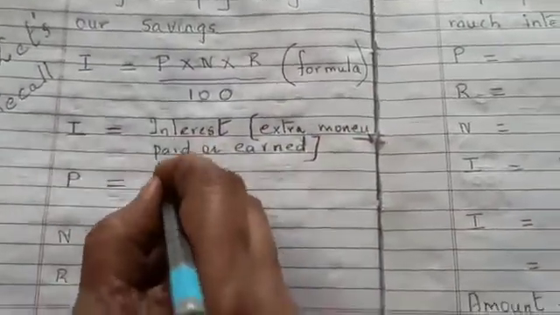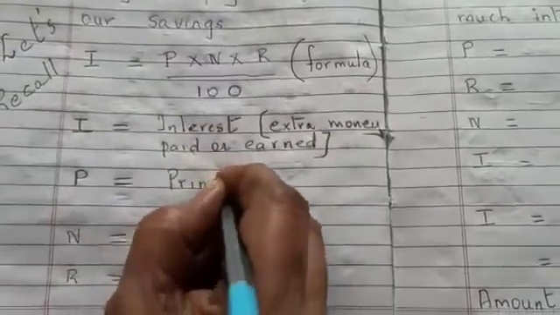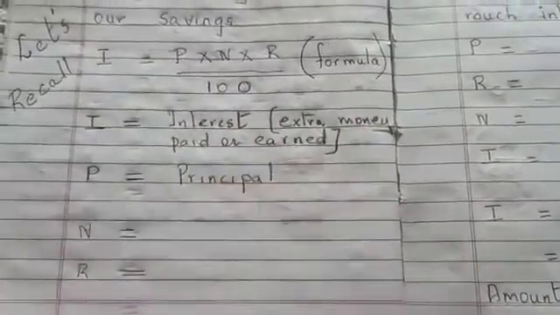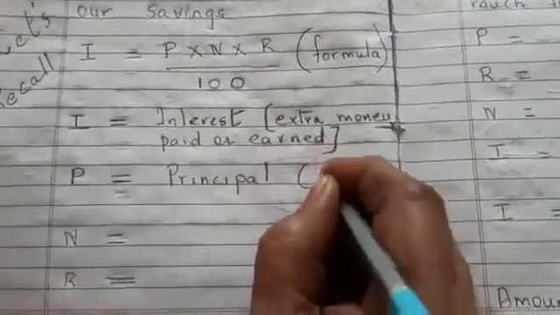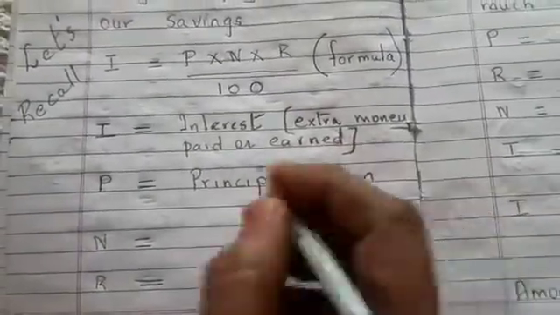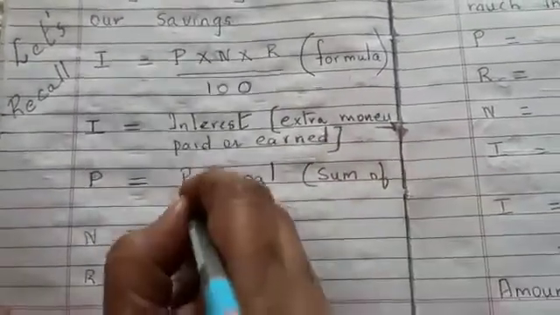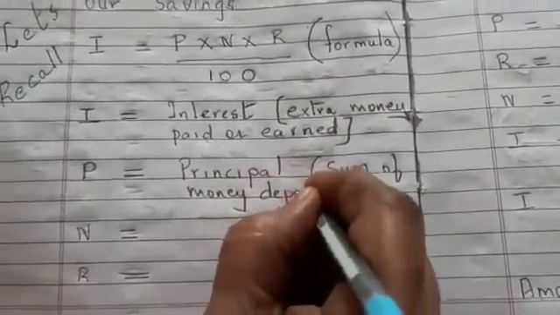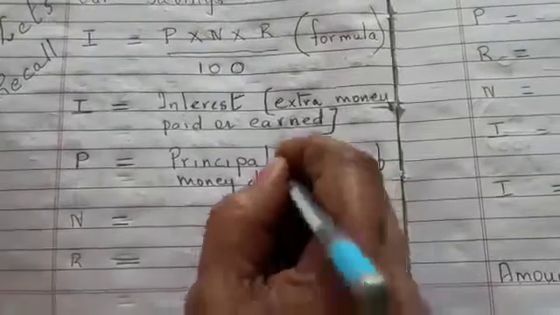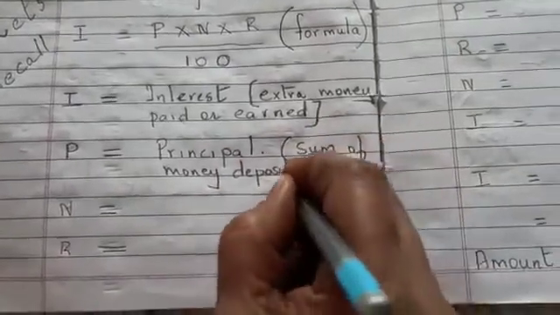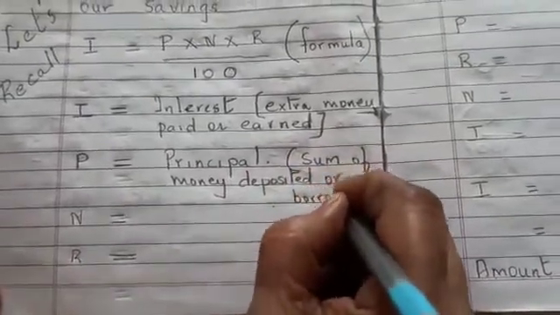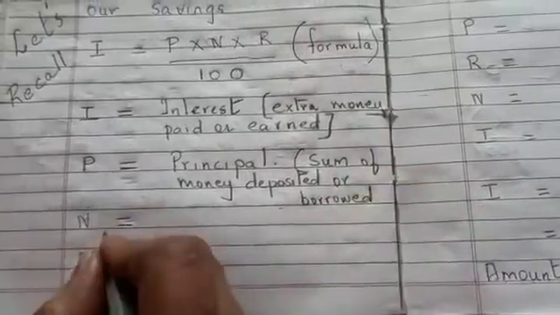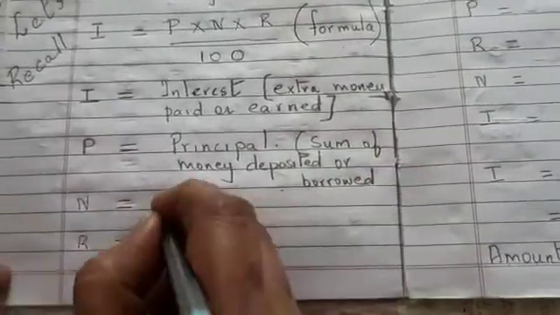P is the principal. That is the sum of money deposited or borrowed. And N is the period.